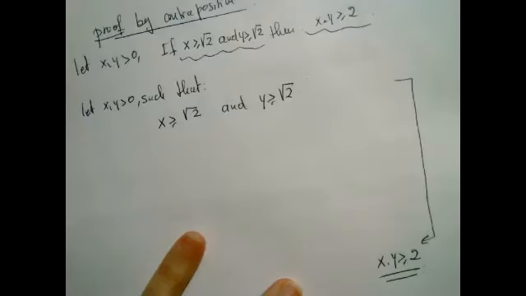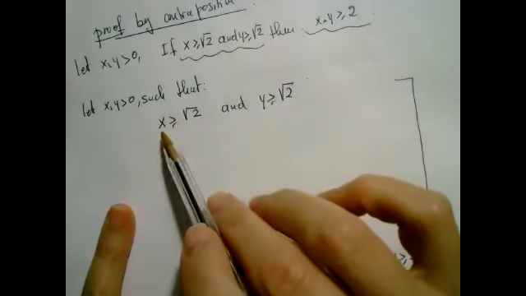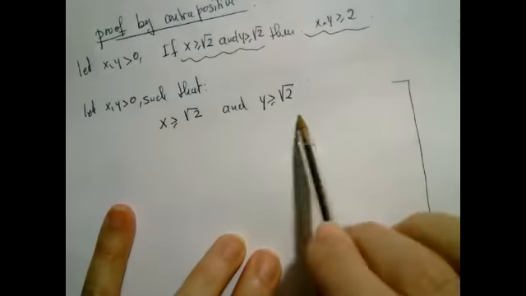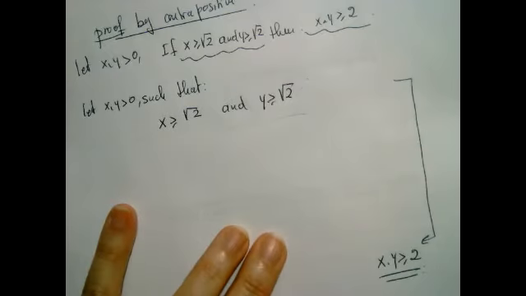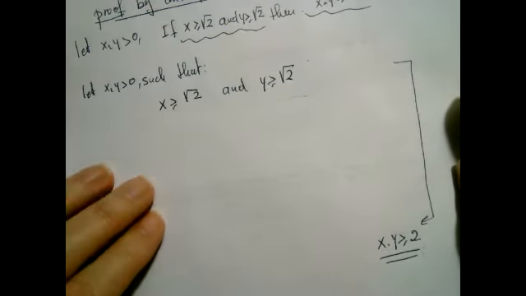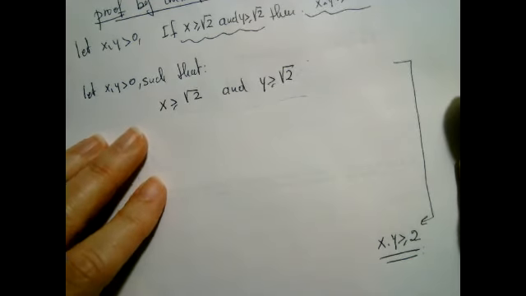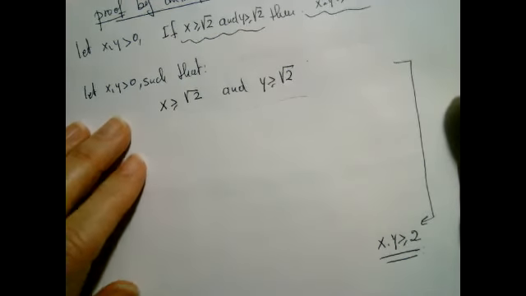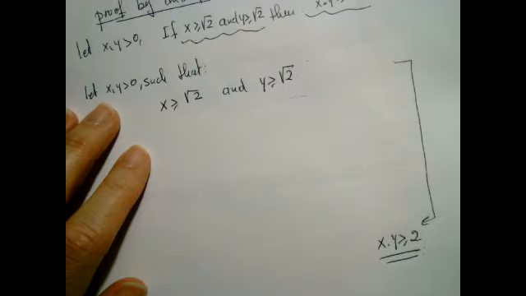No. Okay, so I don't know if this is the right train of thought, but the condition for choosing x and y can be √2 or greater, right? For both. Yeah, because I have to pick them that satisfy the hypothesis. If that's our starting point and we know they're positive, if you start with √2 times √2, you're going to get 2, which means anything greater is always going to be greater than 2.